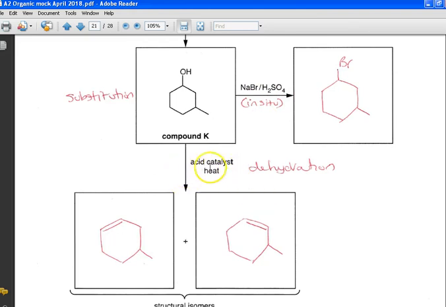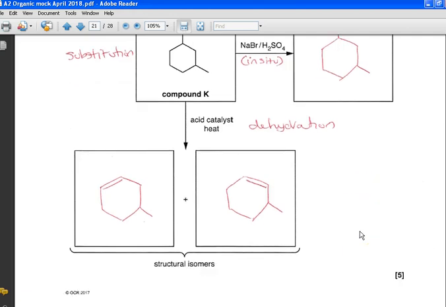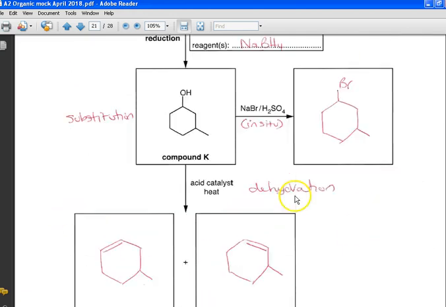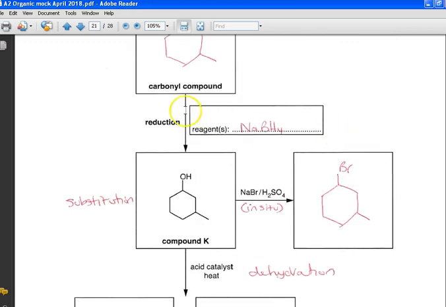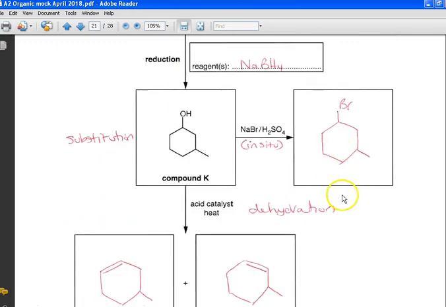And then if you add an acid catalyst and heat it, we get a dehydration. So the water will leave and will form a double bond, and these are the 2 possible structural isomers. Okay, so this is a dehydration, this is a substitution, and this is a reduction.